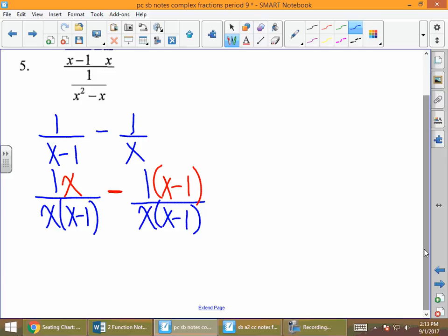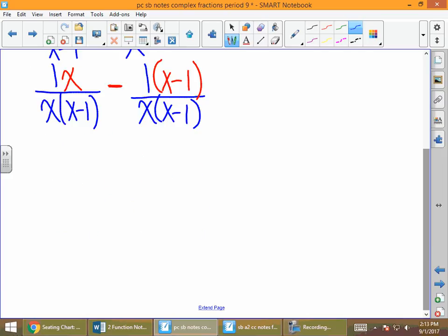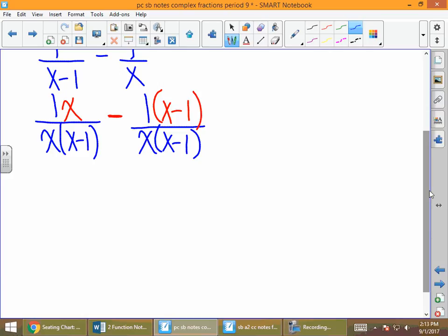We're multiplying by a fancy form of 1, so we're going to have something that's the same on the top and the bottom. But one of the reasons why I highlight the minus in red is I'm going to write an extra step here. 1 times x is x, and then put that back in red, minus 1 times x minus 1.